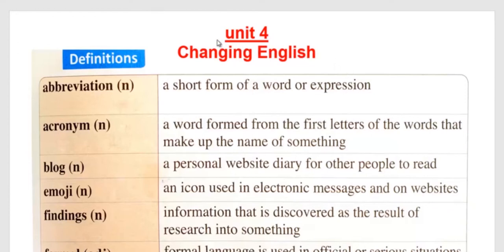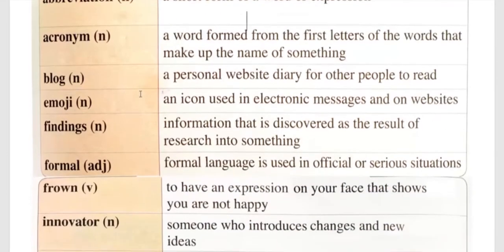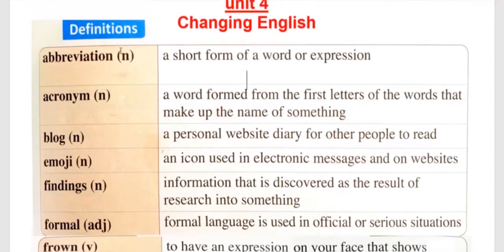Let's discuss together the definitions of Unit 4. Abbreviation, a short form of a word or expression. Acronym, a word formed from the first letters of the words that make up the name of something. Acronym, as you are going to know, NATO, okay?